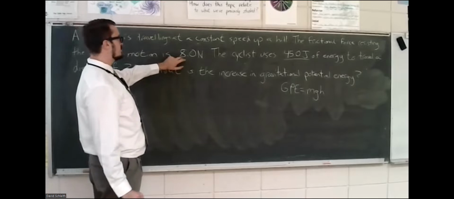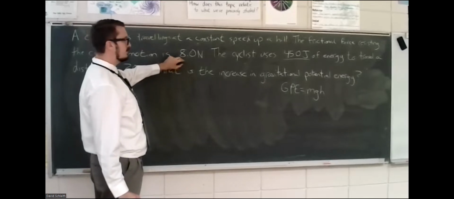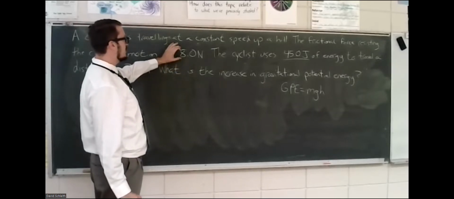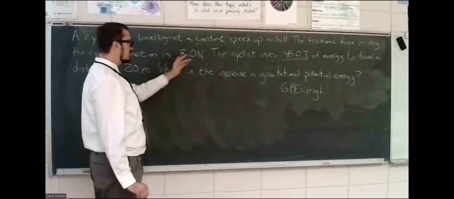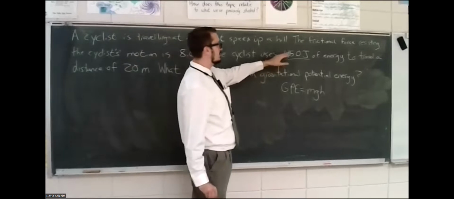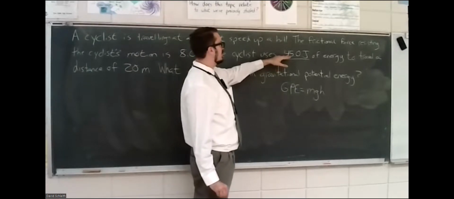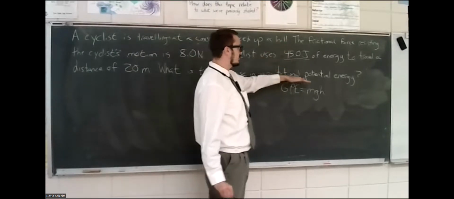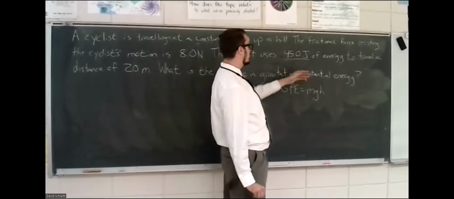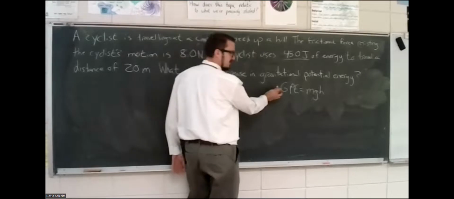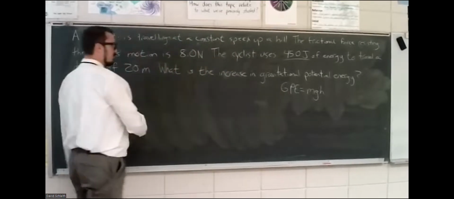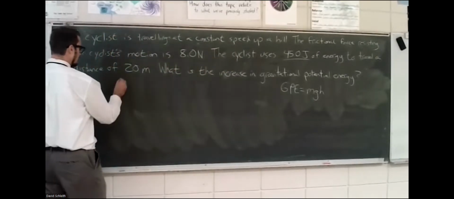So this question is really about calculating how much energy you have to spend against a resistive force. Then we'll subtract that energy from the total energy we spent to travel that. All the rest of the energy must be our increase in gravitational potential energy, right? So this question is really about understanding that this equation is a dead end, and that there is a more general equation for energy that we work with.